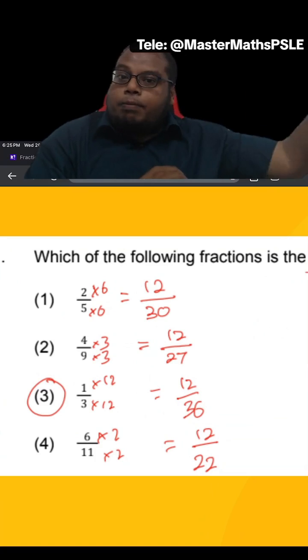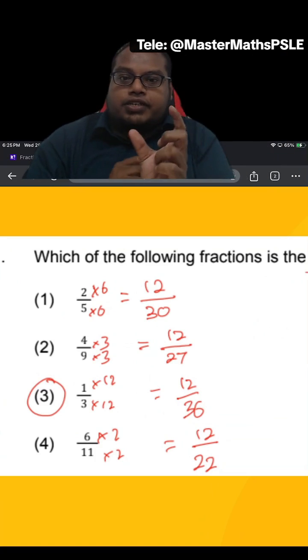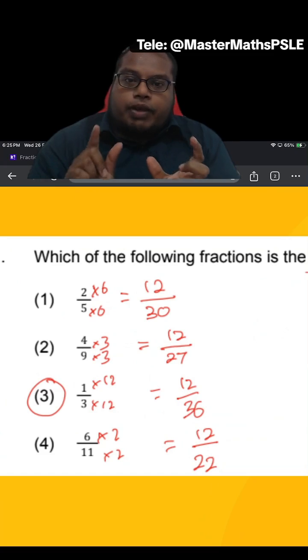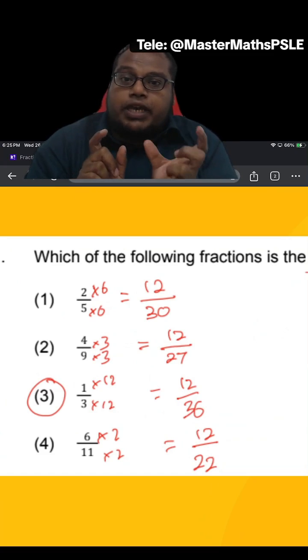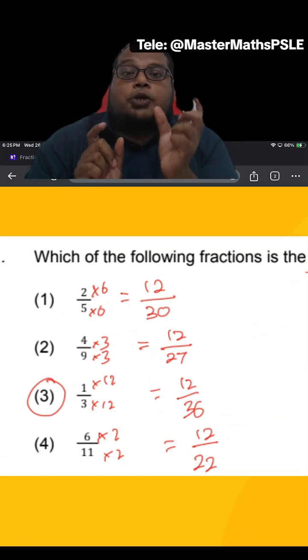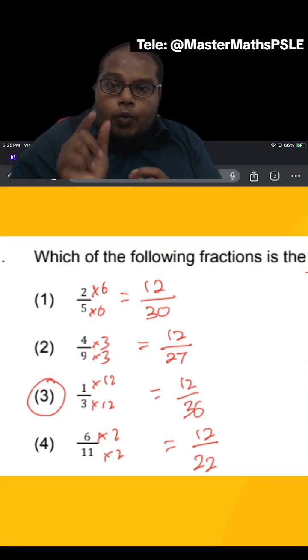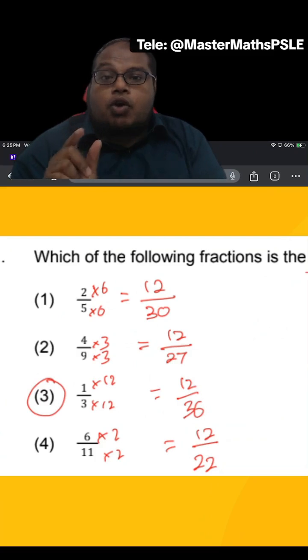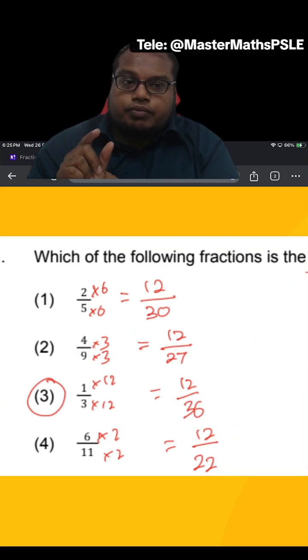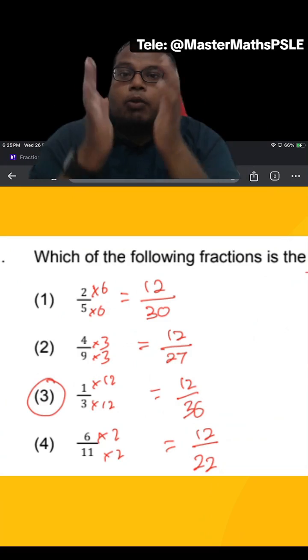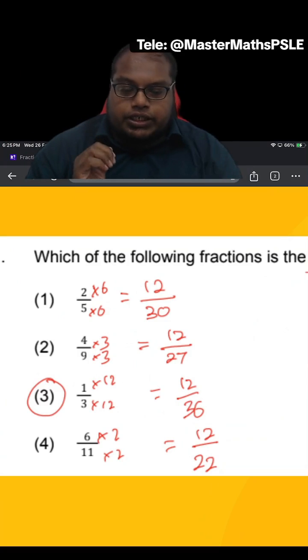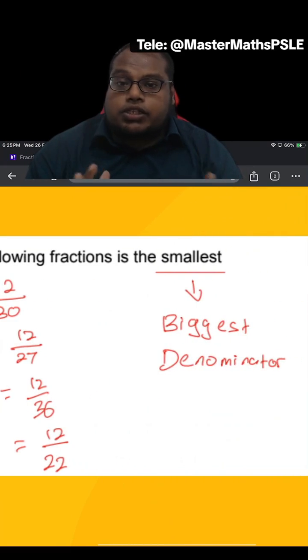Of course one portion of the 5 pieces is bigger compared to one portion of the 10 pieces. So that's why a bigger denominator means a smaller portion, a smaller fraction. In this case you are looking for the smallest.